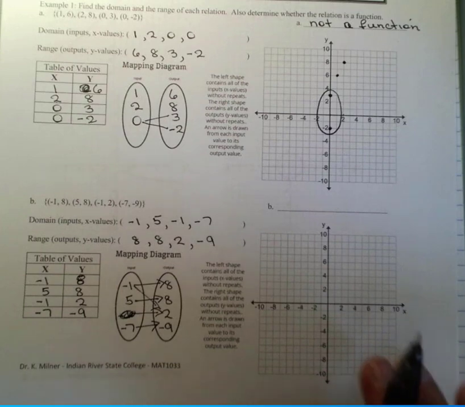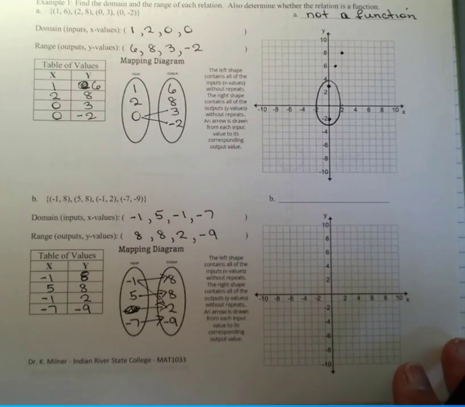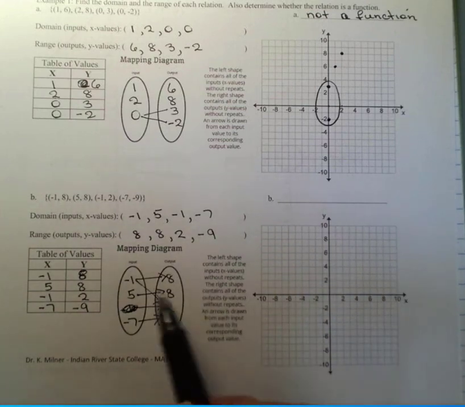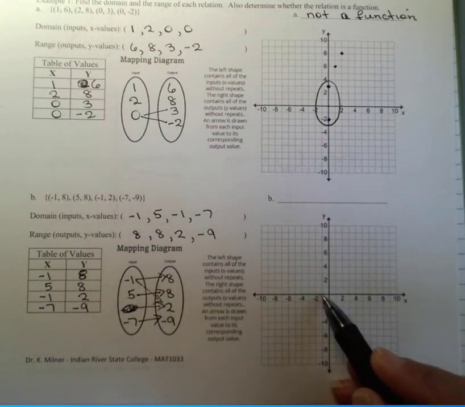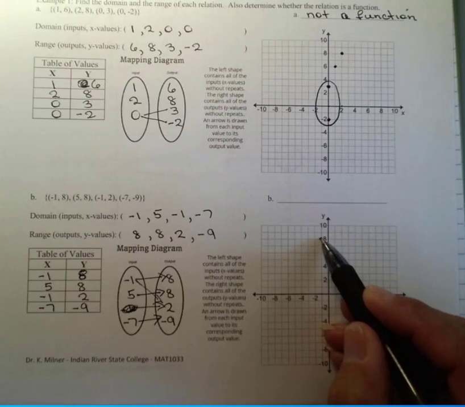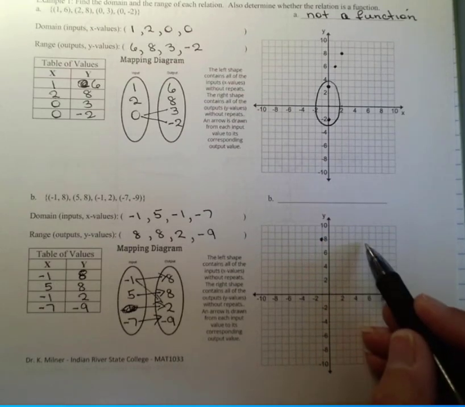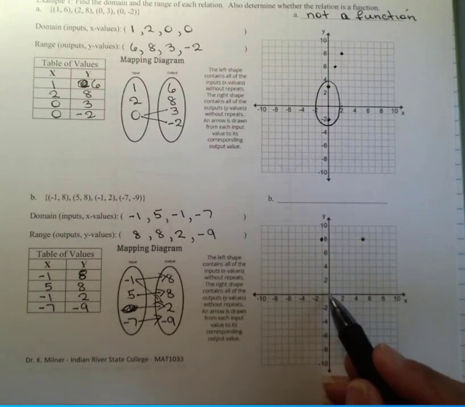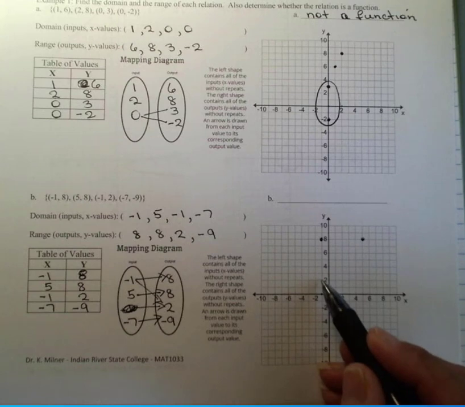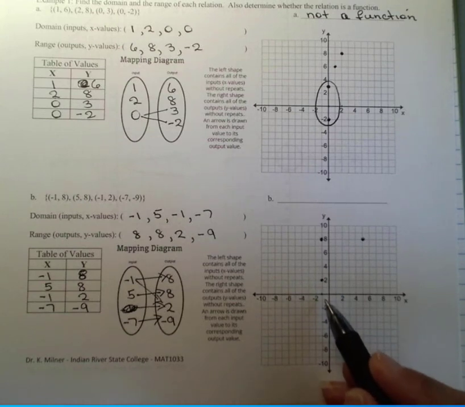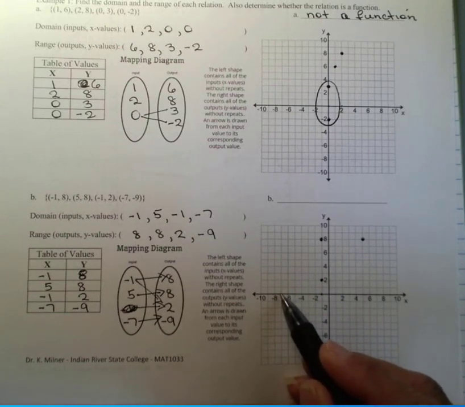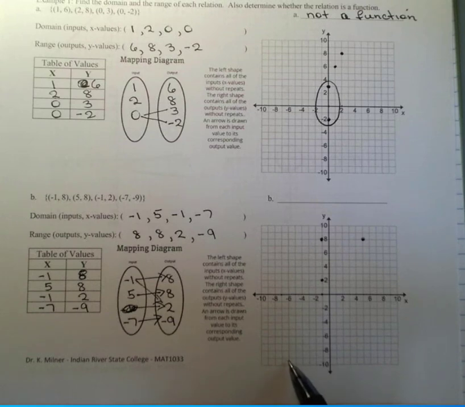Let's line it up on our chart and see if we can look at it graphically and see if it makes sense. When I have a -1 and a +8, the point would be right here. When I have a +5 and a +8, that point's going to be right there. When I have a -1, I would have here a +2, and then I had another point that was a -7 and a -9.